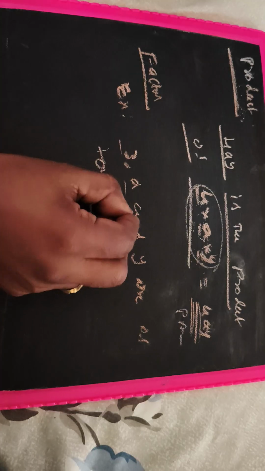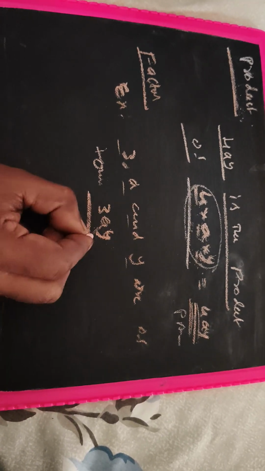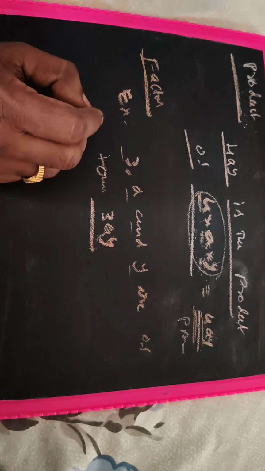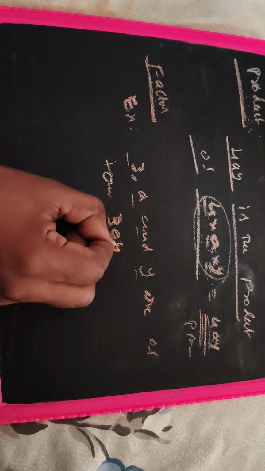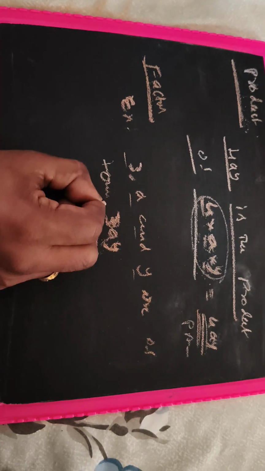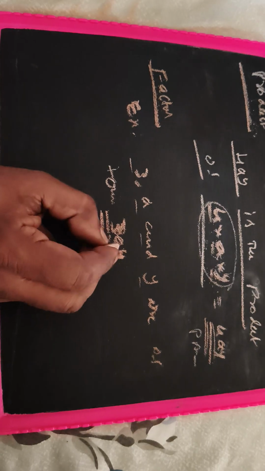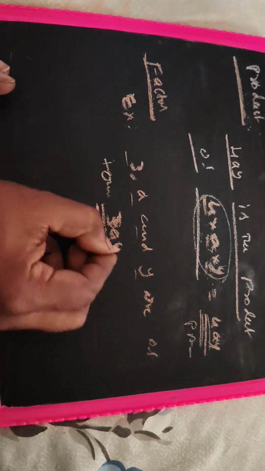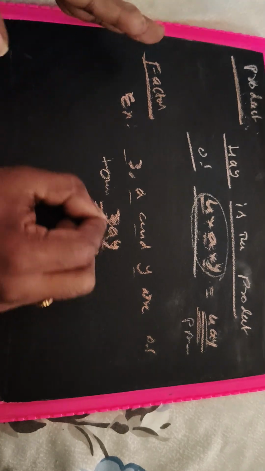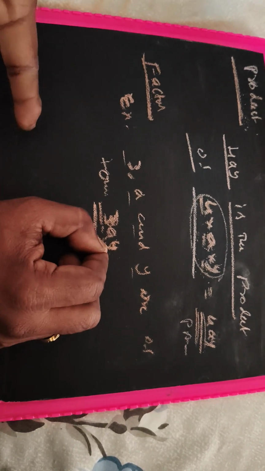Each of the quantities, meaning constants or variables or both, multiplied together to form a term is called a factor of the term.